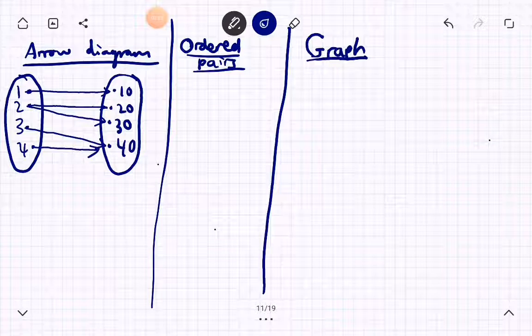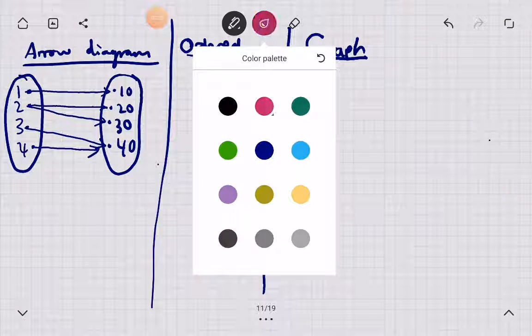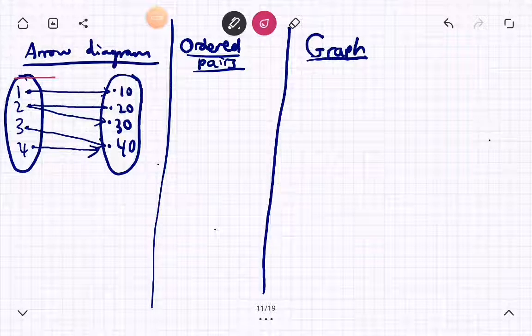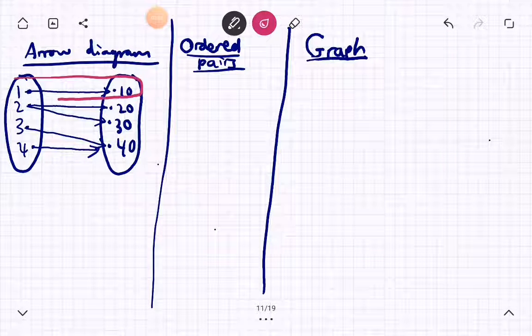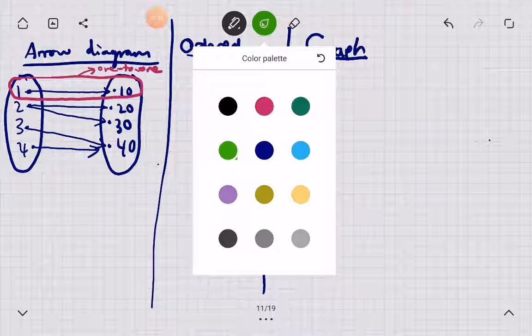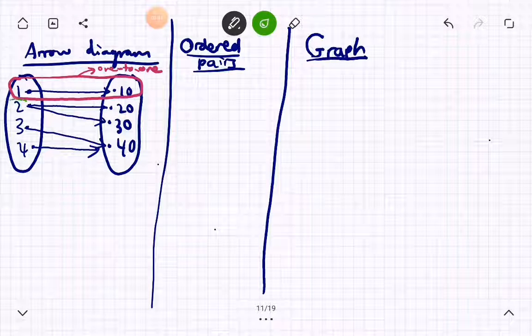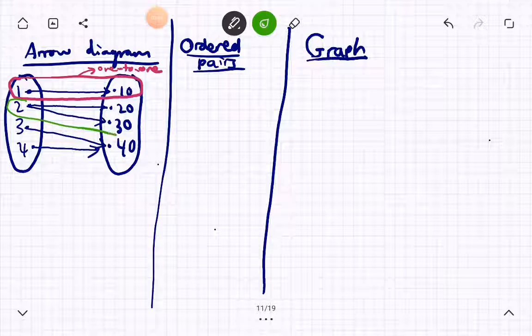Okay, so let's break it up. First we have this relation, which is pretty much a 1-to-1 relation. And then this one is a bit tricky.